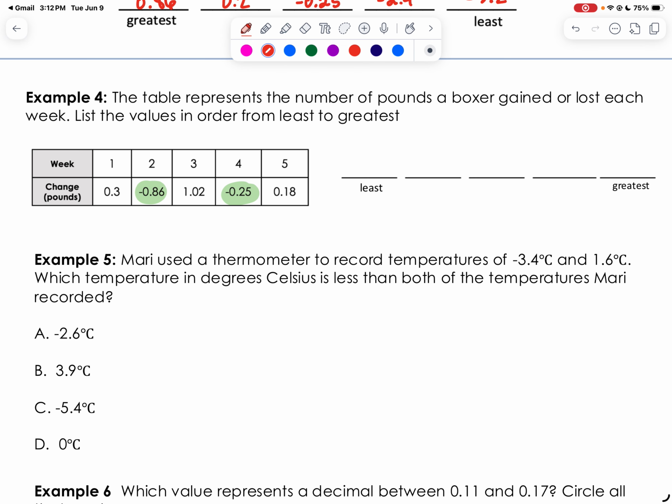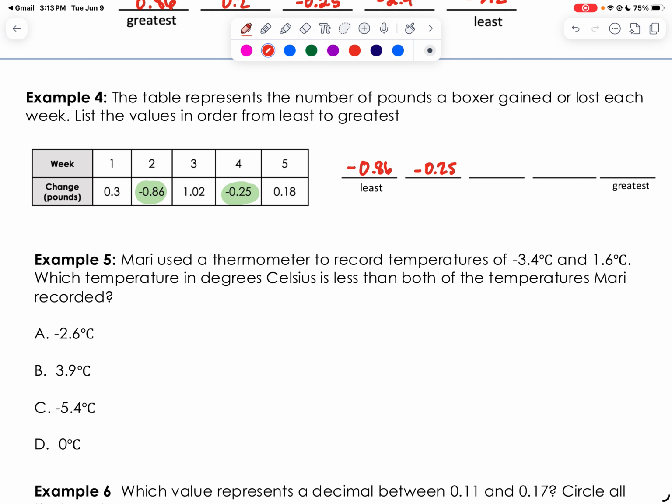So of those two negative numbers, I want to put the smallest one first. So that would be negative 0.86. The next smallest number would be negative 0.25.